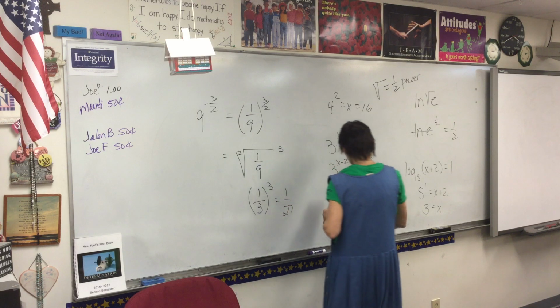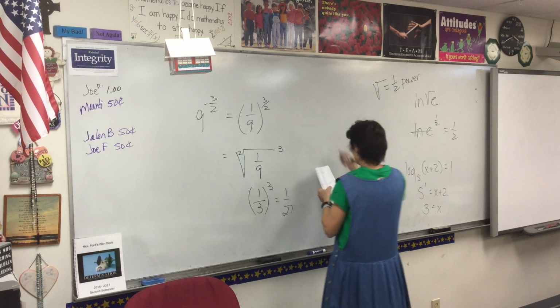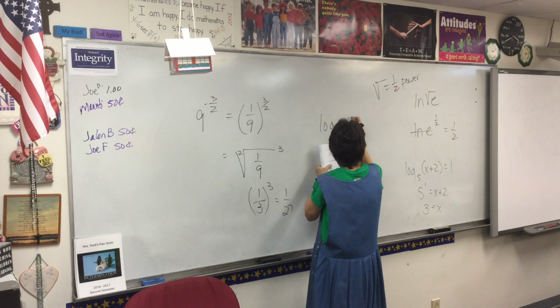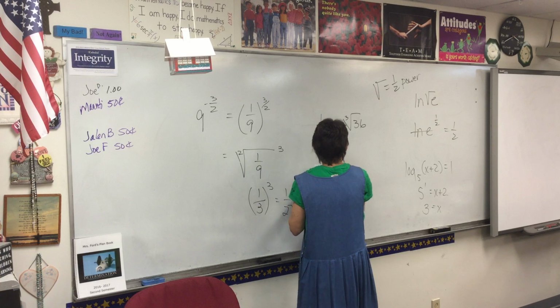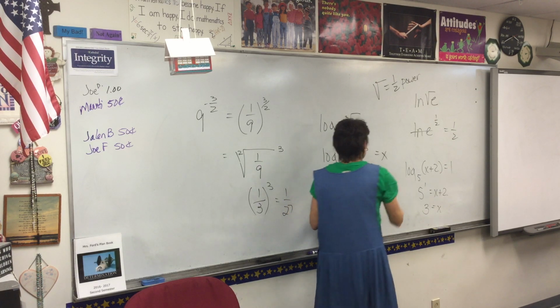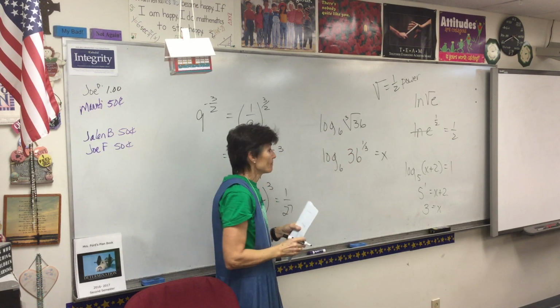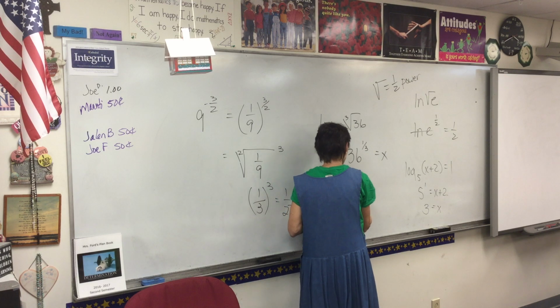Oh my goodness, this looks terrible. This is not bad. Okay, so wait a minute. Jalen said change that to 36 to the 1/3. Couldn't you just take 6 squared times 1/3? Yes, you can, Evan.